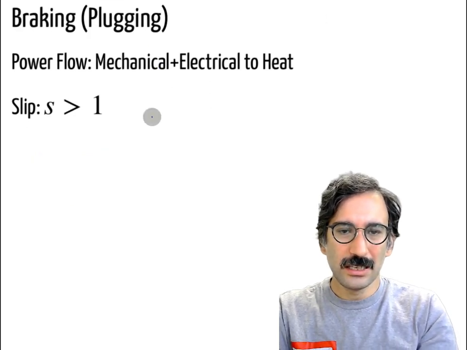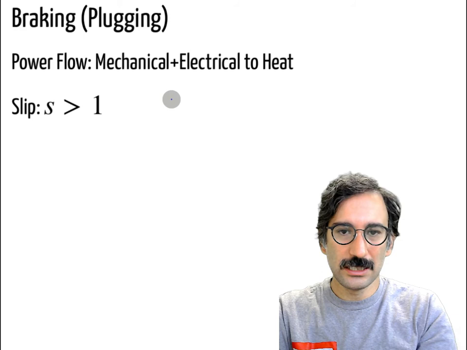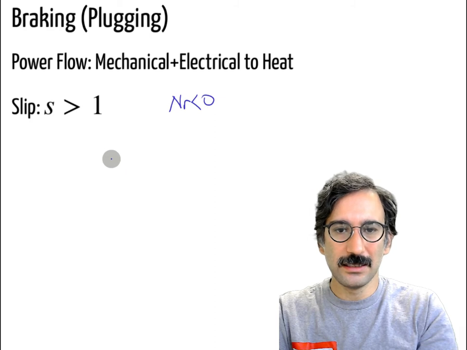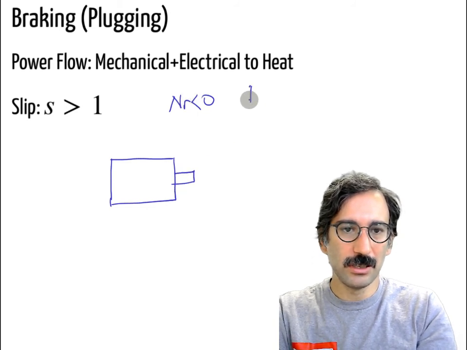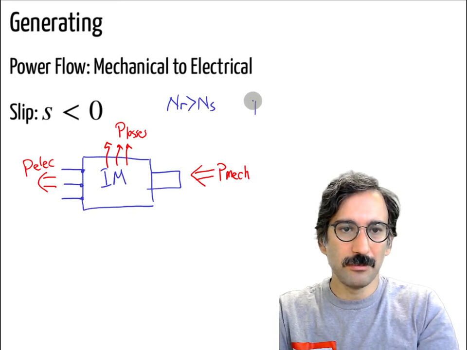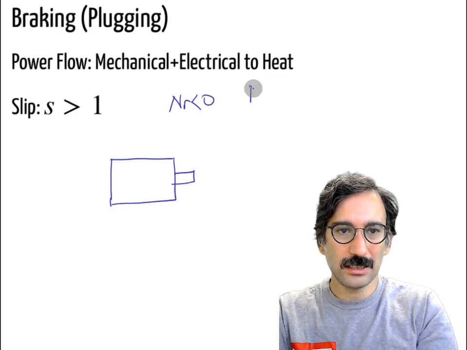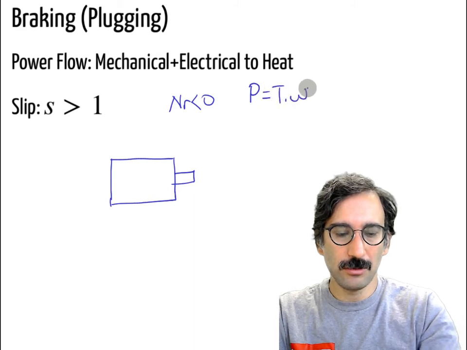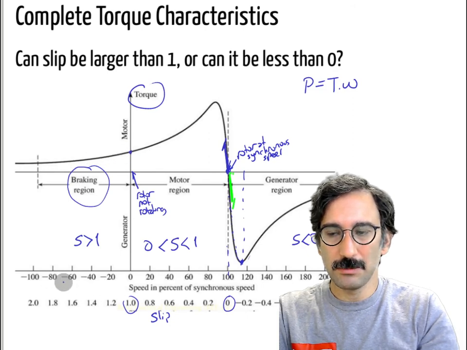And for braking, again, this is kind of interesting. For slip equal to 1, that means rotor speed is less than 0, so it is rotating in the opposite direction. So remember, power is equal to torque times omega, and if the direction is reversed, the power direction is reversed. Okay, so we still have positive torque, but our speed has reversed.